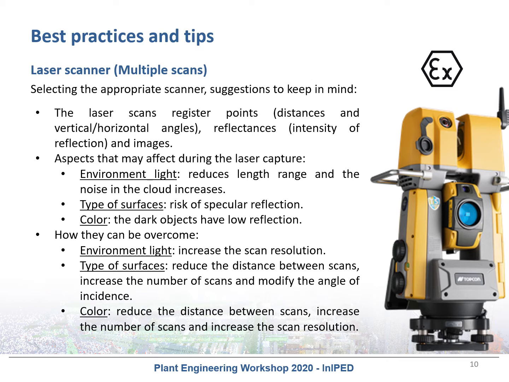They have to take into account these aspects in order to minimize these issues. If you have doubts, my recommendation is to do some scans in different locations and see the results. Depending on that, you can adjust the resolution of the scans, reduce the distance between scans, or modify the scan angle of incidence.